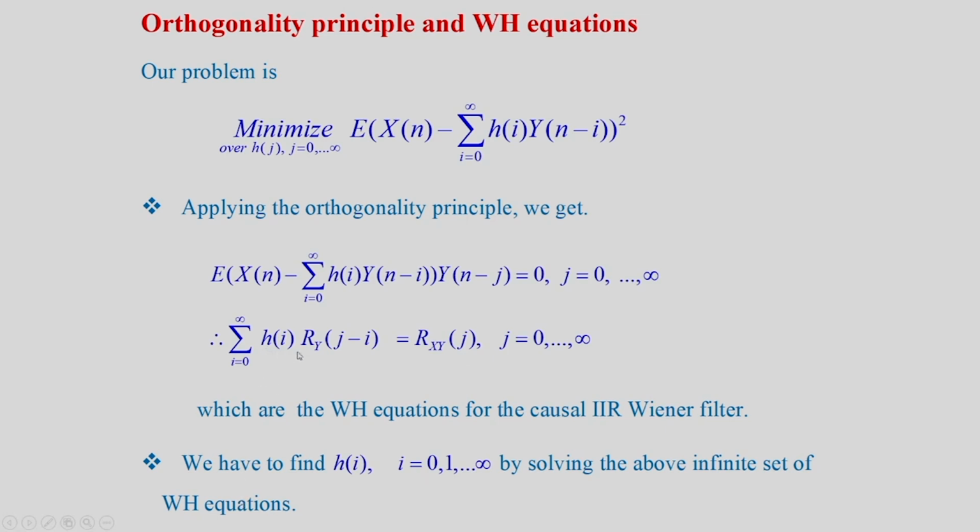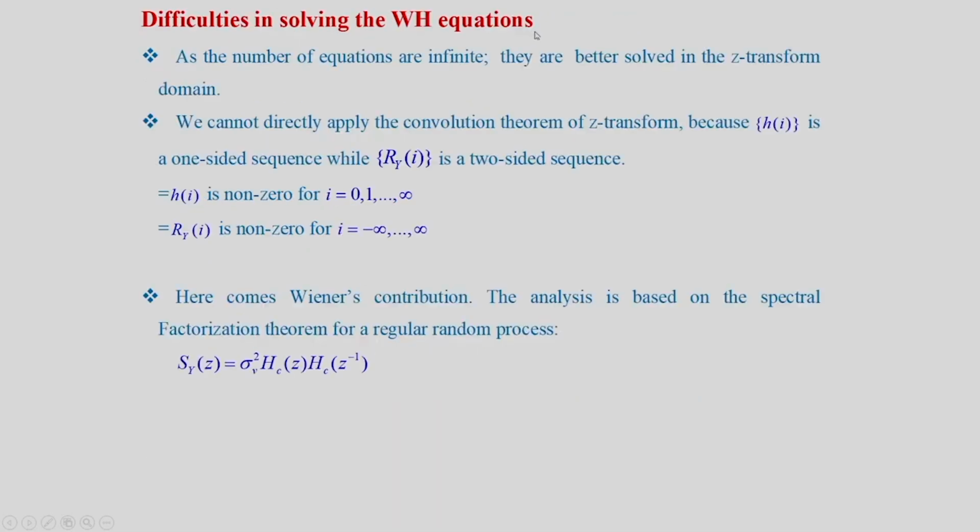Now, we have to solve this infinite set of equations to find h_i for i equal to 0 to infinity. What are the difficulties in solving the Wiener-Hopf equations for causal IIR Wiener filters? As the number of equations is infinite, they are better solved in the Z transform domain.